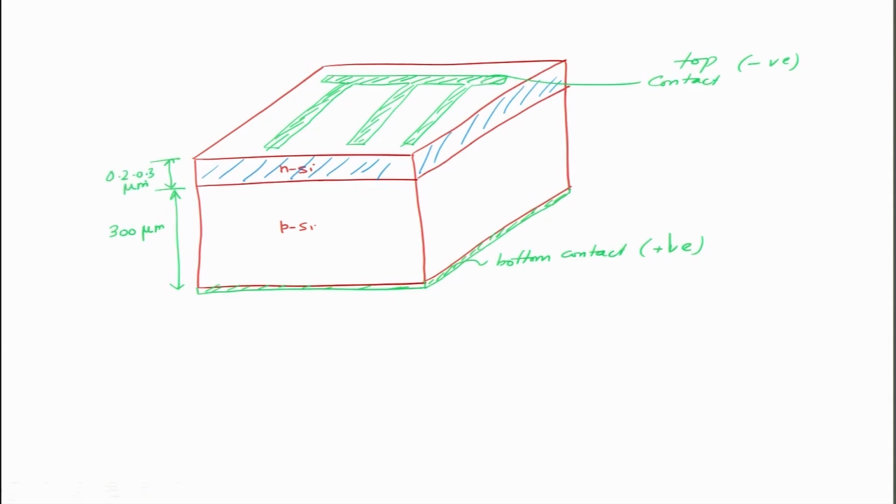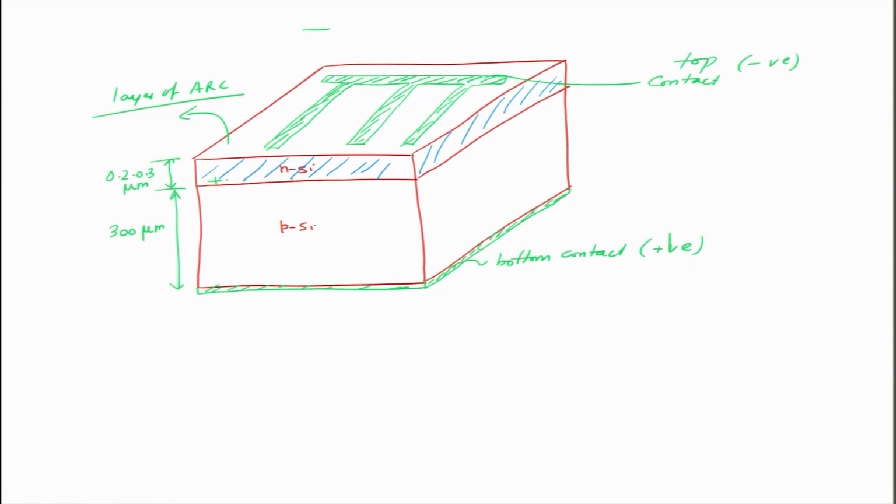So, the whole device is roughly 0.3 mm thick, and on top we have a layer of ARC, that is anti-reflection coating, and your light comes in this fashion. It will come from top and then it will get absorbed in the rest of the solar cell, and here you will form the depletion zone.